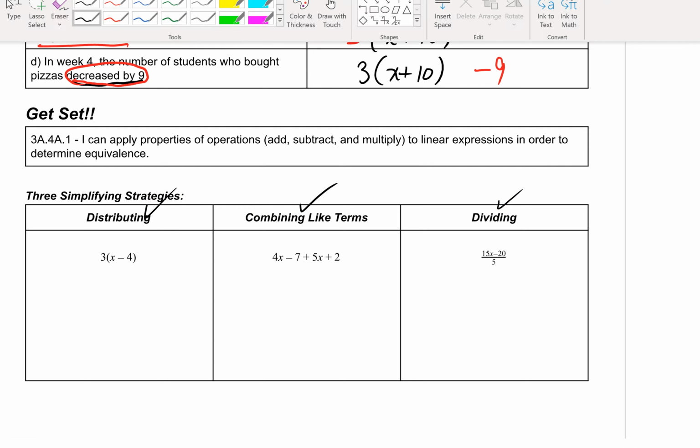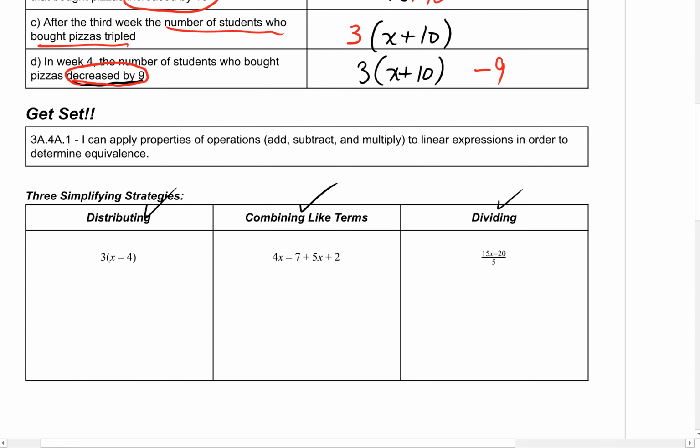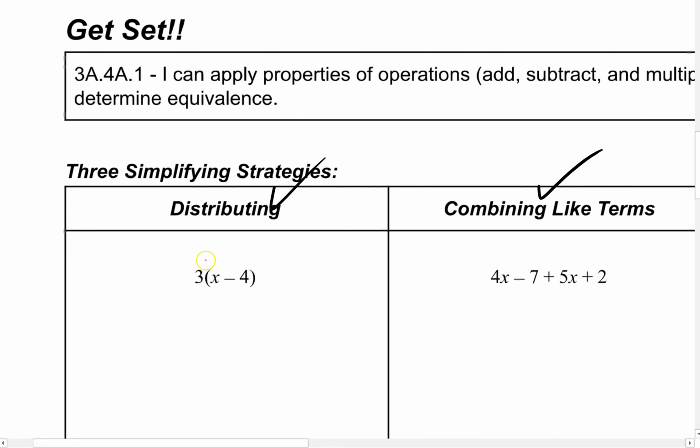So we're going to look at distributing first, and distributing will always involve multiplication. Multiplication over addition or subtraction. So 3 gets multiplied first to this x. Then we'll say minus, and 3 times 4 is going to leave us with a 12.